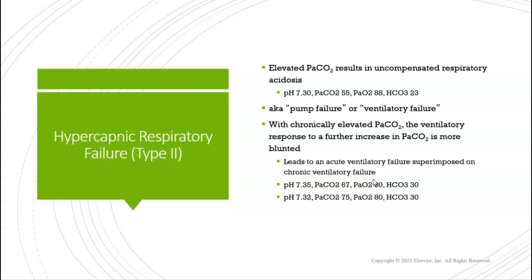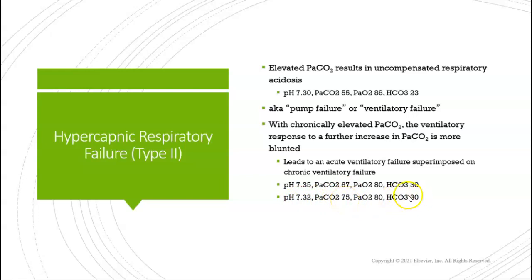Okay, this chronic elevated CO2 can sometimes result in an acute phase on top of it, which we call acute on chronic ventilatory failure. That's the example here in the third ABG on this slide, where we see that CO2 elevating even higher to 75.